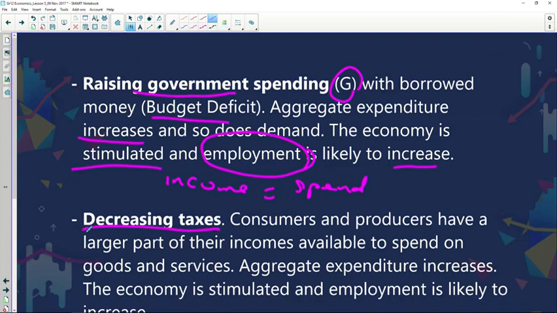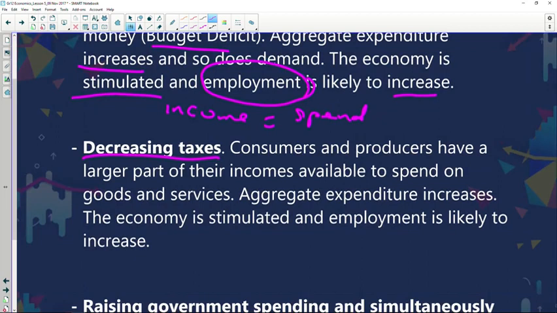Then they can also use the next strategy, decreasing taxes. Consumers and producers have a larger part of their income available to spend on goods and services. Aggregate expenditure increases, the economy is stimulated, and employment is likely to increase. We mentioned this in our previous lesson. This could be an ideal situation for consumers because now they have more money in their pockets to spend, since the taxes have been cut.